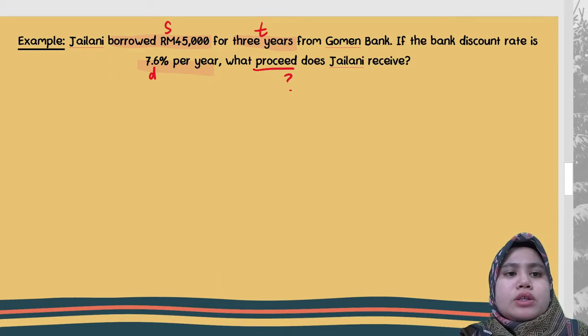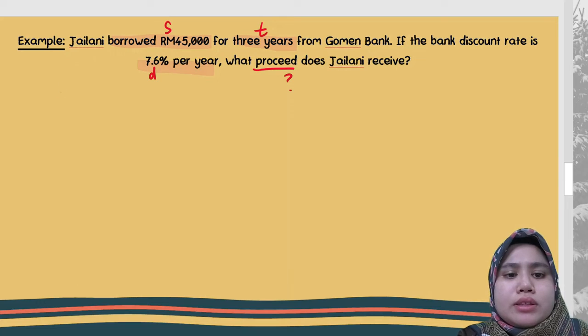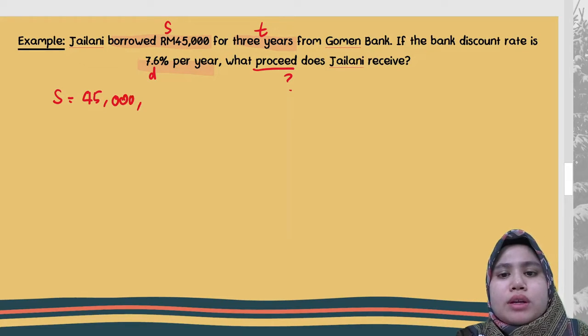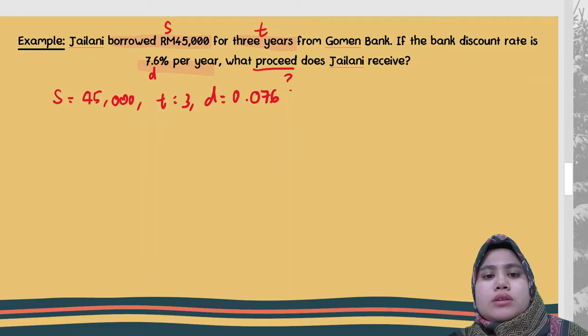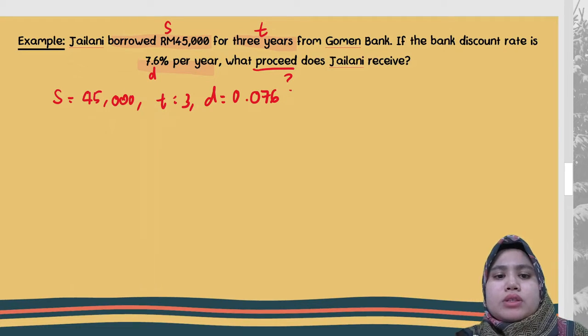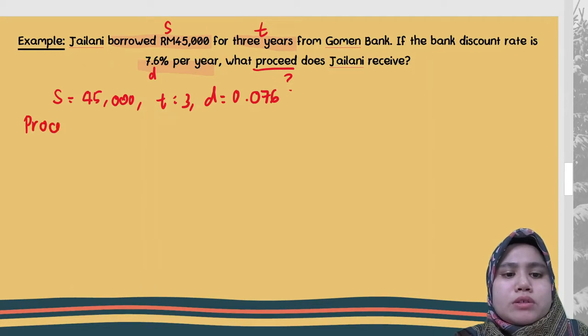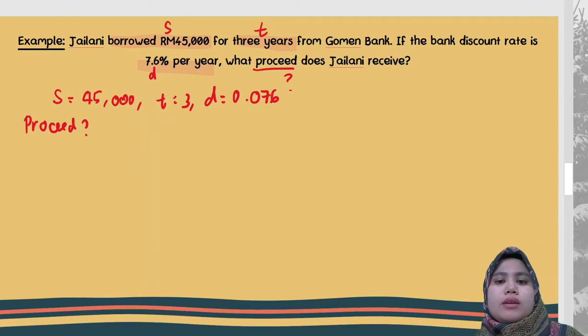If you understand the sentence well, you understand each term, so let's take them out. T is 3 years, D is 0.076, and we want to find proceed.